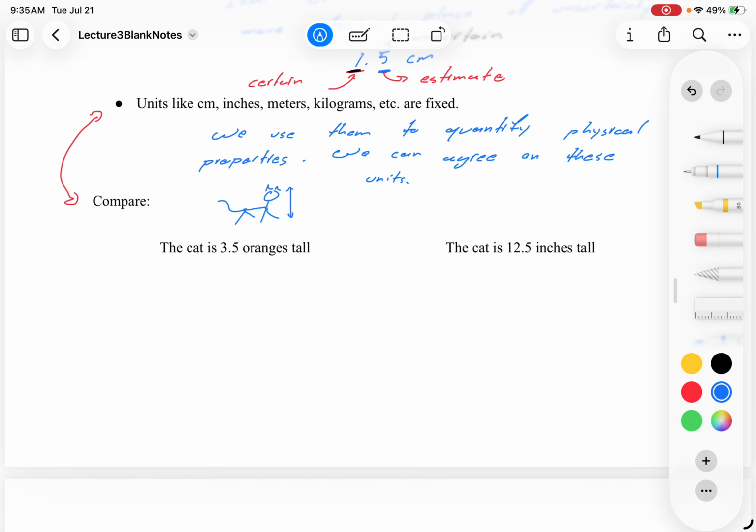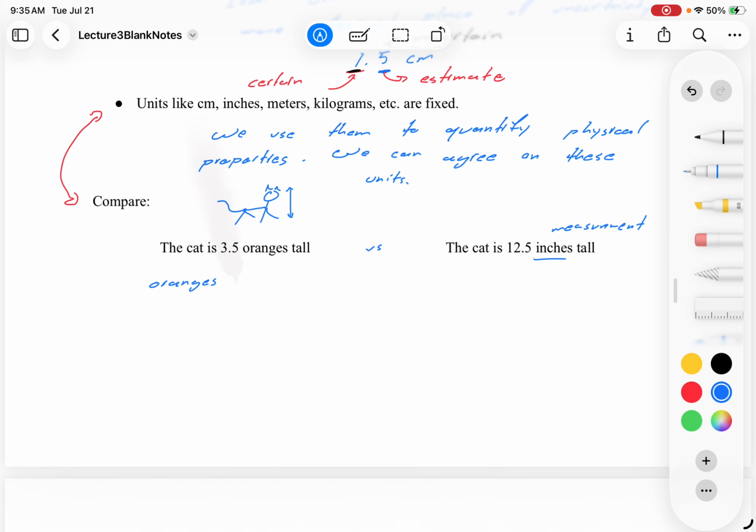So let's compare. The cat is 3.5 oranges tall versus the cat is 12.5 inches tall. Remember what we said, that inches is a measurement? Is that how you spell it? Measurement. Close enough.